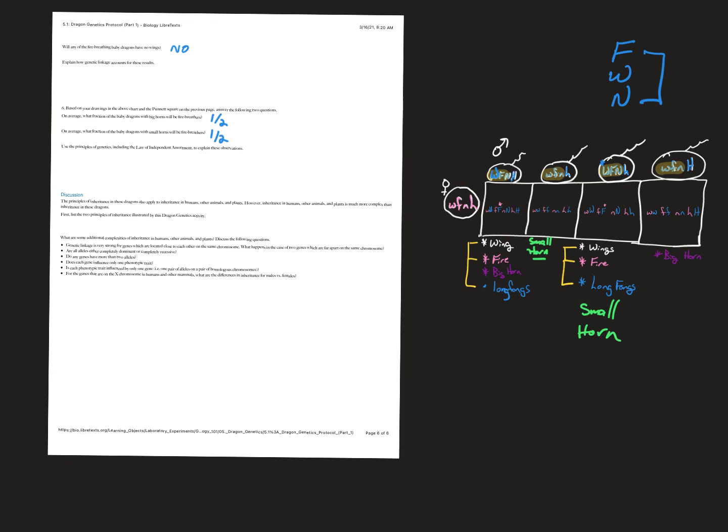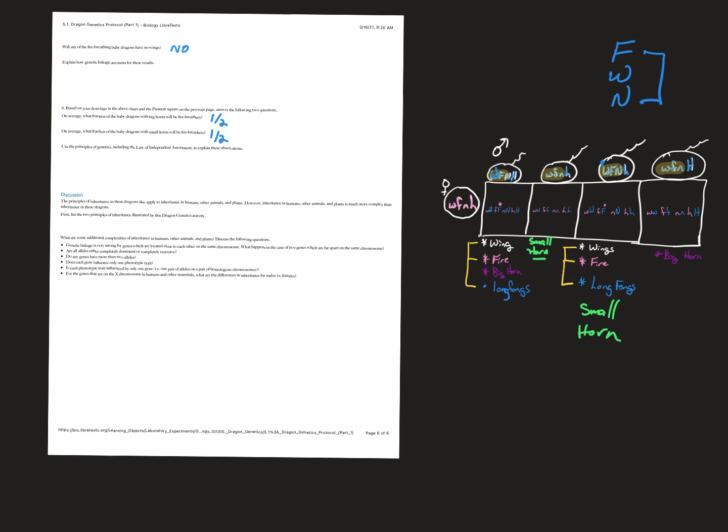And so what you get is only 2 of them having small horns. And of those 2, only 1 of them, or 1/2 of them, is going to be fire breathing. So hopefully that helps you explain the law of independent assortment and the principles of genetics, and explain why only half of each of these, big horn and small horns, are going to have fire breathing.